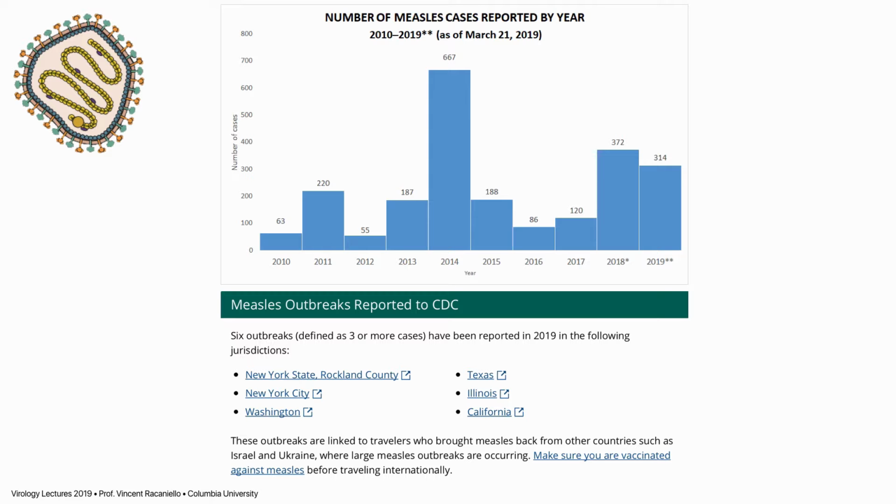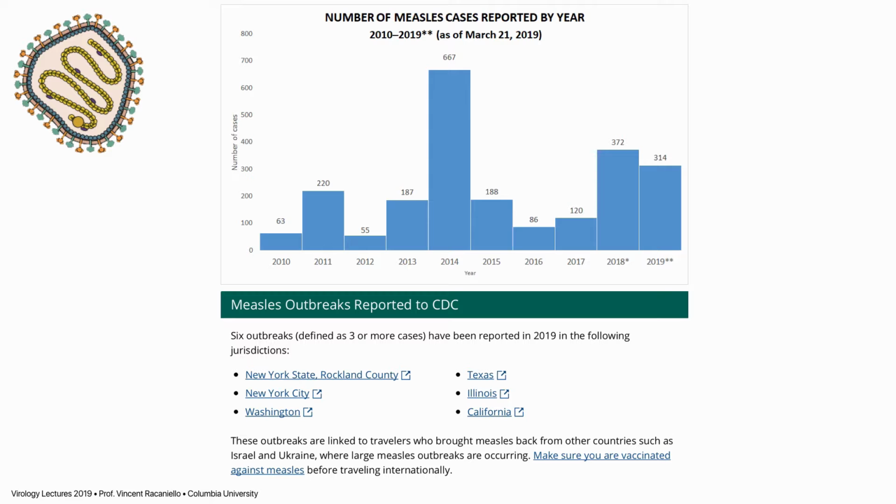I can't tell you how inexcusable this is. Now, in many parts of the world, as I'll show you, people don't get the vaccine. But in the Ukraine and in Israel, they should be getting the vaccine. And certainly in this country, everyone should be getting it.